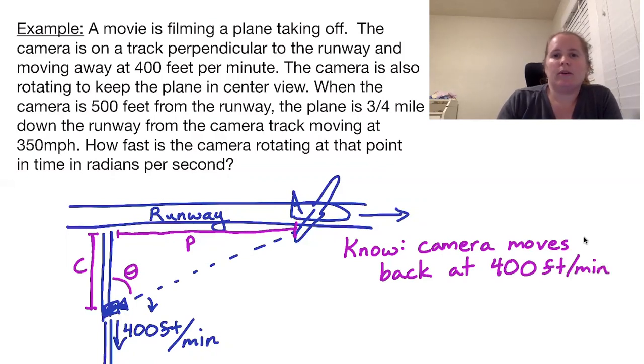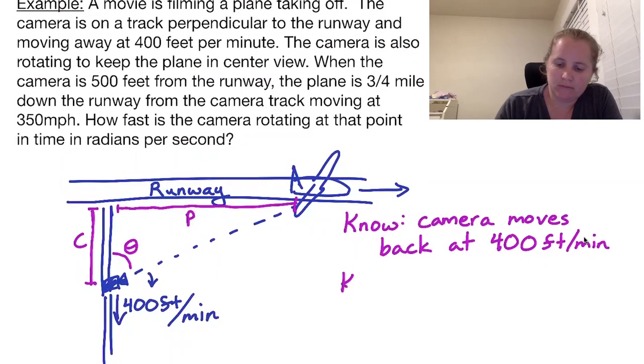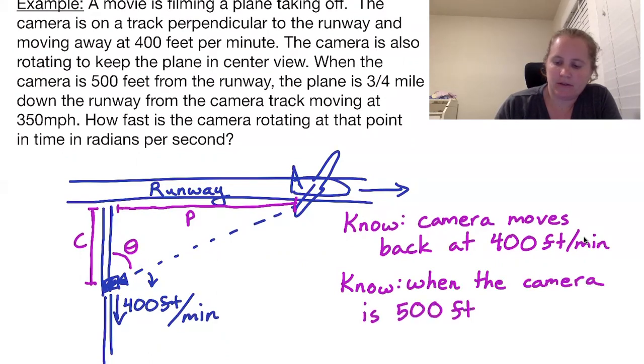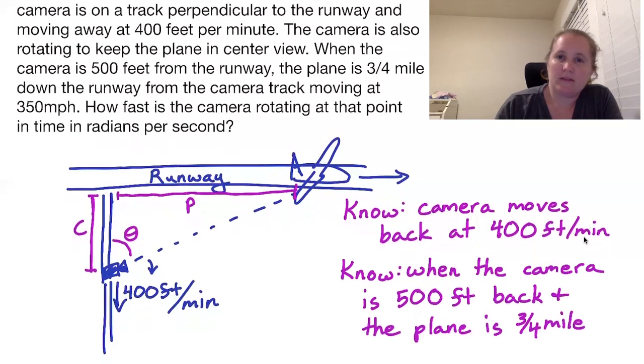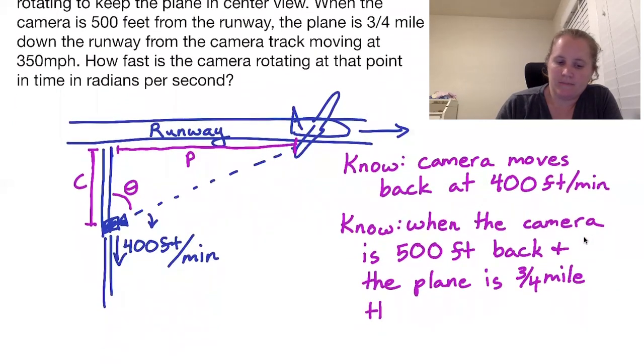Then what we also know is when the camera is 500 feet back, and the plane is 3/4 of a mile, then the plane is moving at 350 miles per hour.